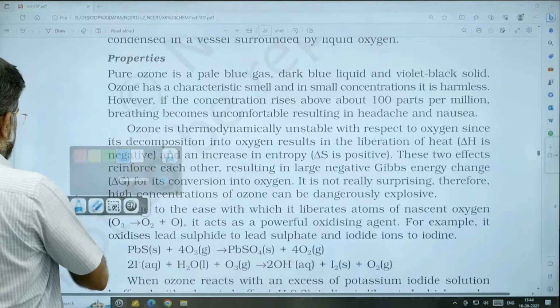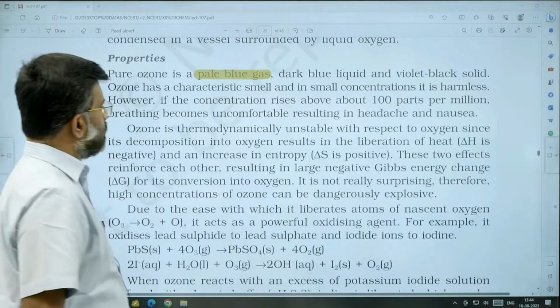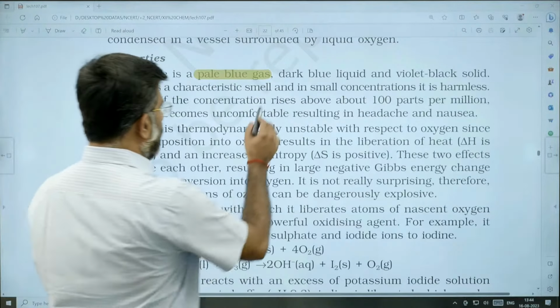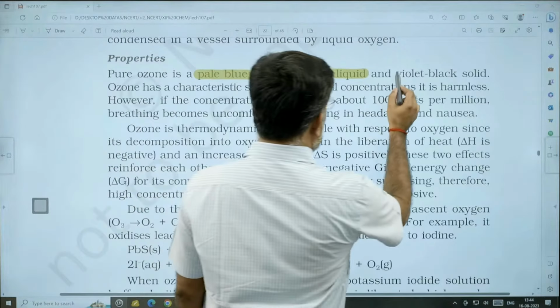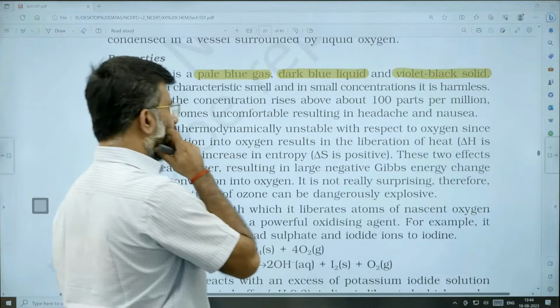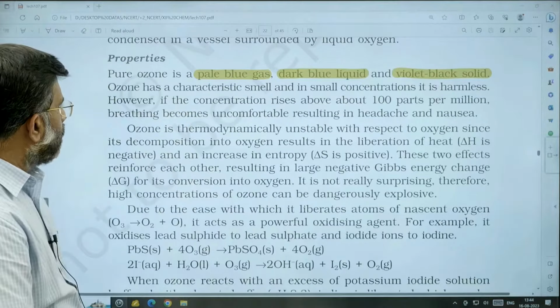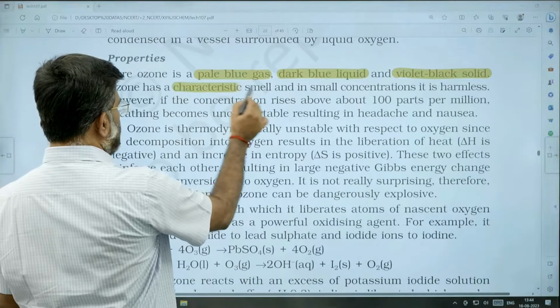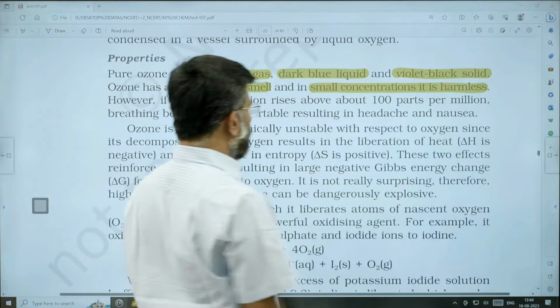Coming to the properties of ozone, it is a pale blue gas, a dark blue liquid, and a violet black solid if solidified. It has a characteristic smell. In small concentration, it is harmless.